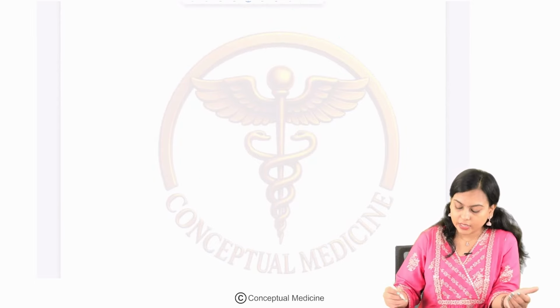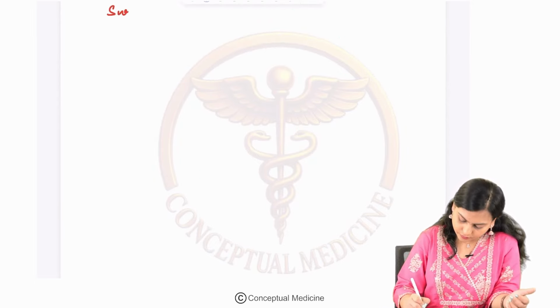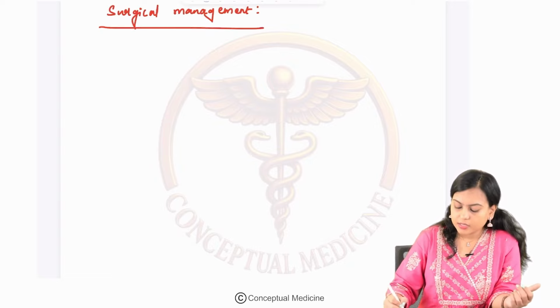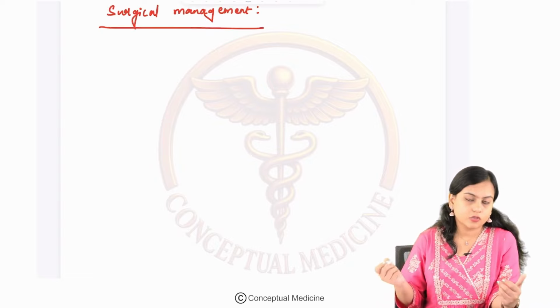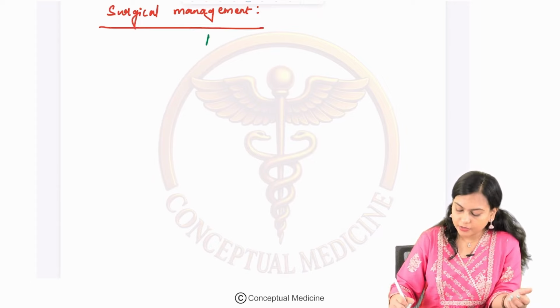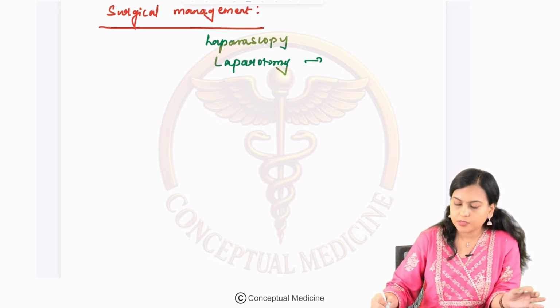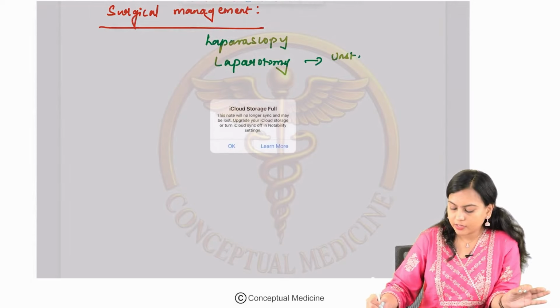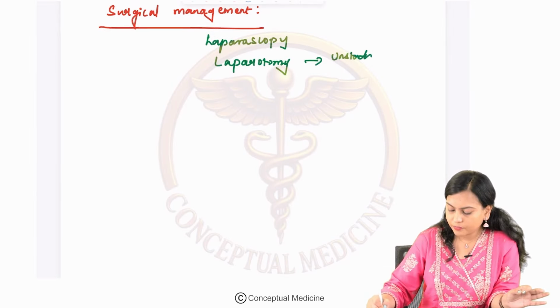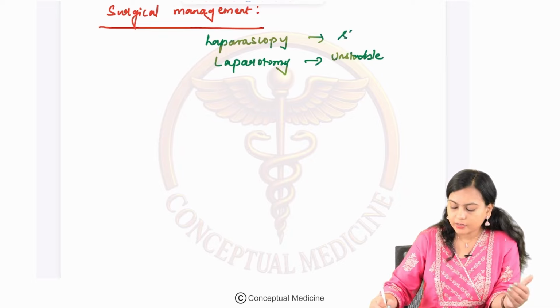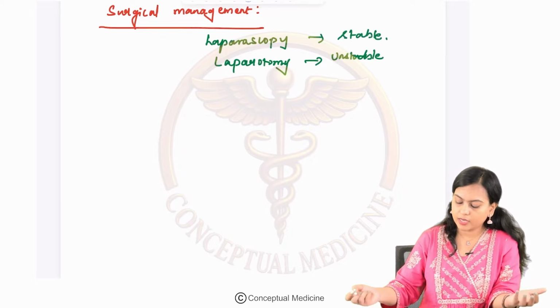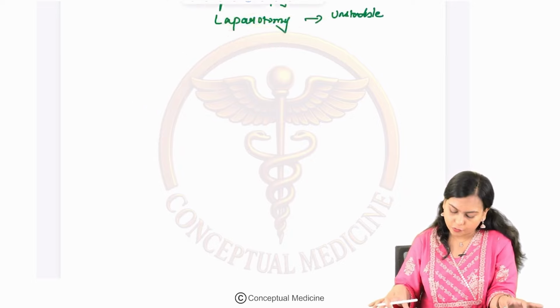Next, we will see the surgical management. Surgical management in a case of tubal ectopic can be done by two routes, either by laparoscopy or by laparotomy. Laparotomy is mostly preferred when the patient is unstable, and if the patient is stable, you can take her for laparoscopy.